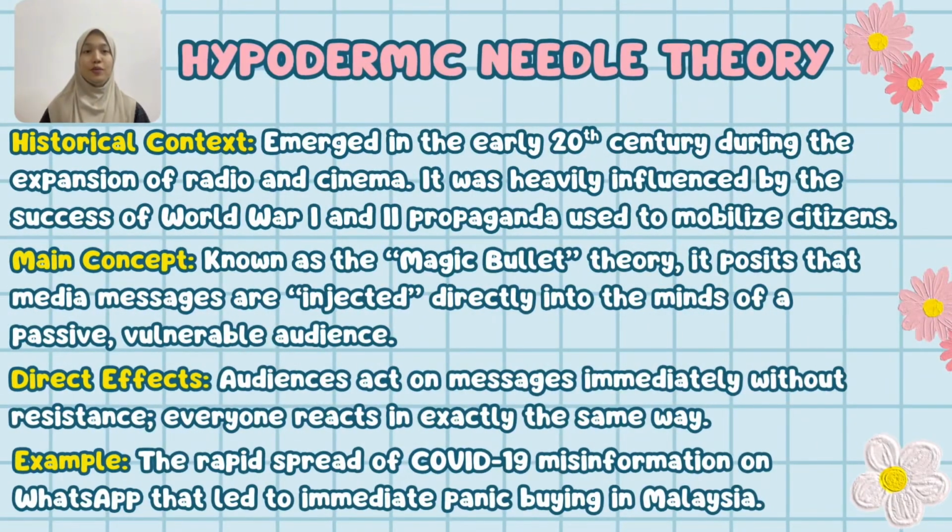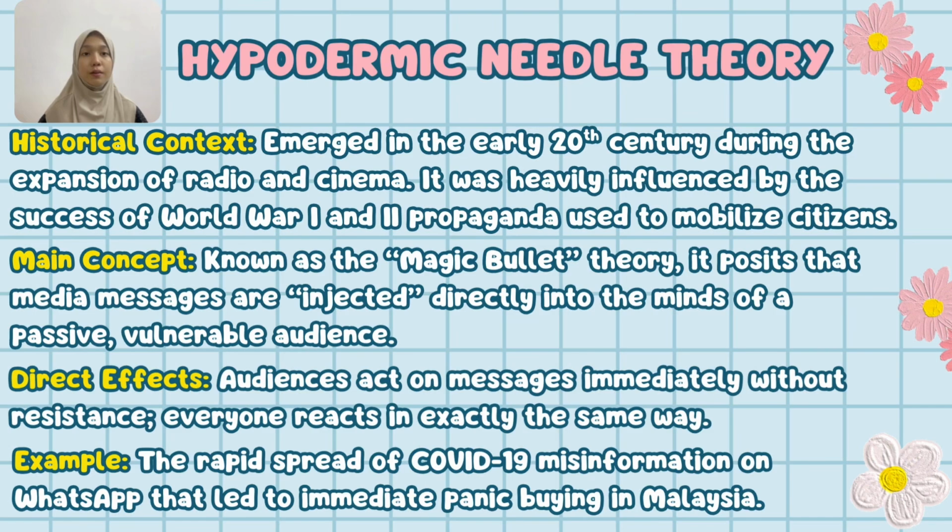And now, let's look at the hypodermic media theory. This emerged in the early 20th century as mass media like radio and cinema expanded. Following the World Wars, researchers believed media functioned like a magic bullet that could inject messages into a passive public to create uniform behavior.